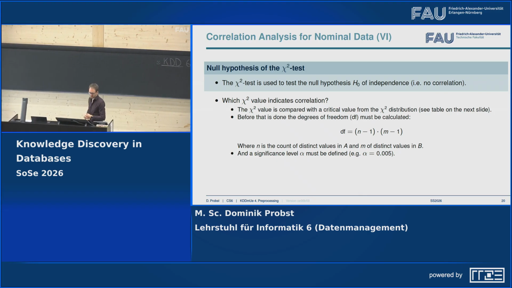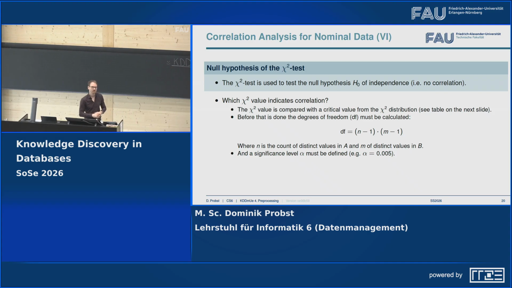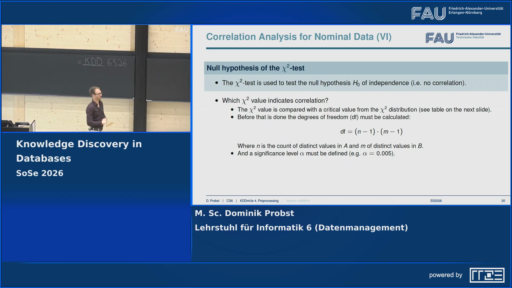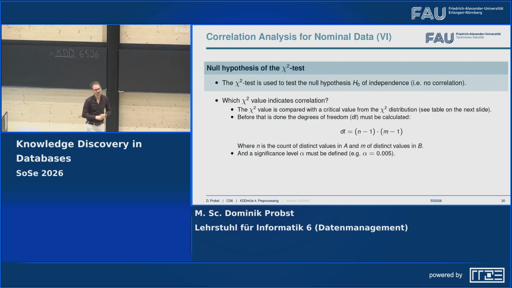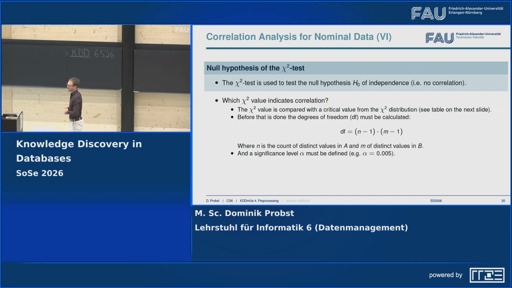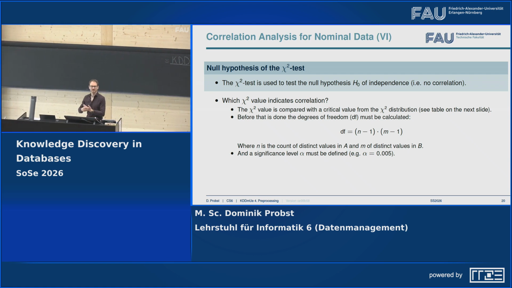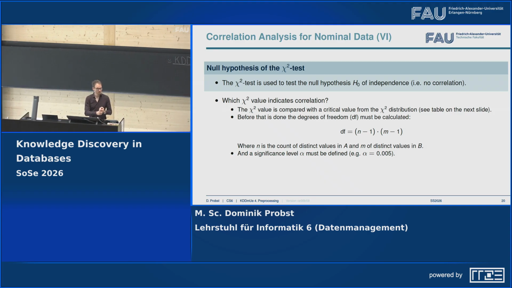In this case, to look it up in this table, we first have to calculate the so-called degrees of freedom. Degrees of freedom are not only important for a chi-square test, they are important for a lot of data science functions, so remember it. Degrees of freedom are simply calculated by taking a look at the number of distinct values in A and the number of distinct values in B. We know that we have two distinct values in A, and we have two distinct values in B in our case.